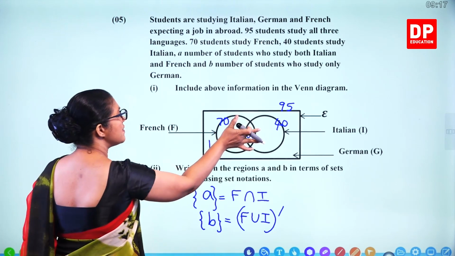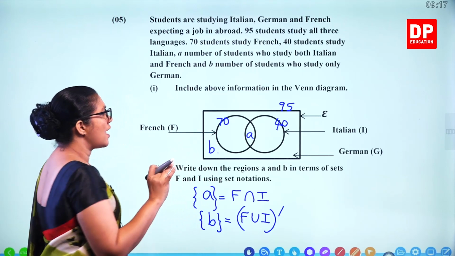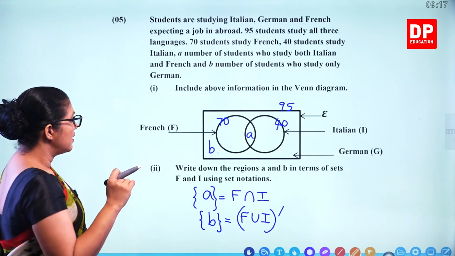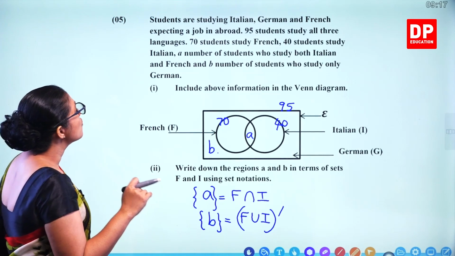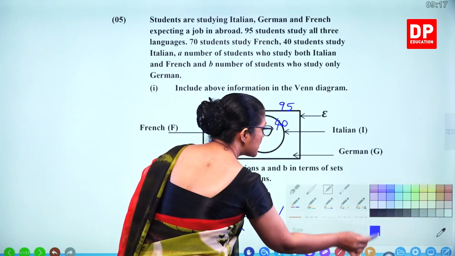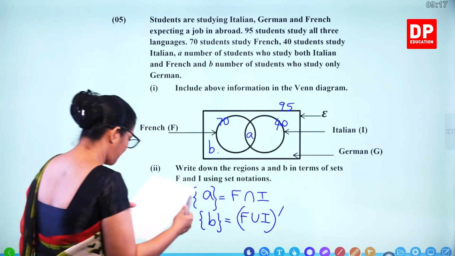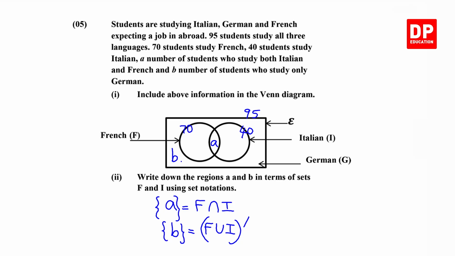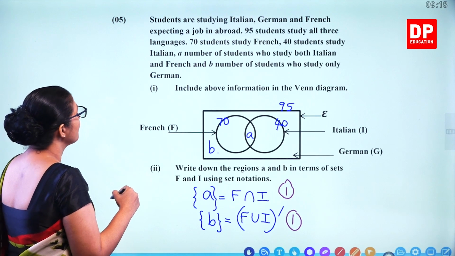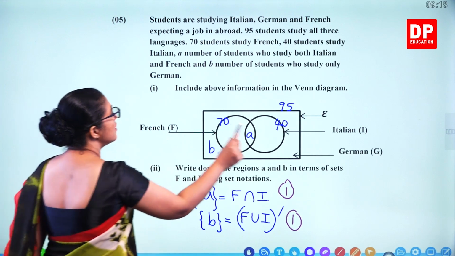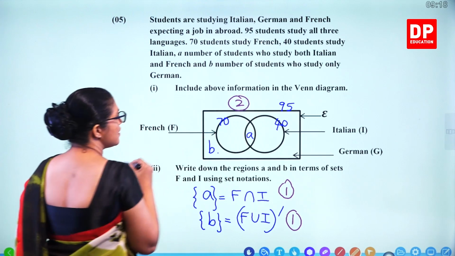F union I means inside, B is outside it, so that's dash. So how many marks for these two steps? You get 5 parts here, so 2 marks for each. So 1 mark and 1 mark for this. And here 2 marks for this diagram.